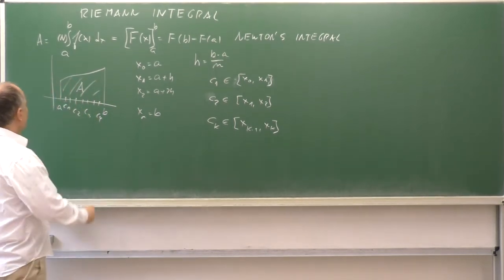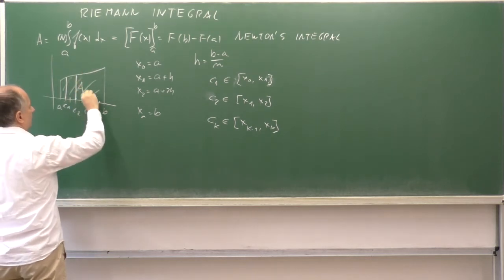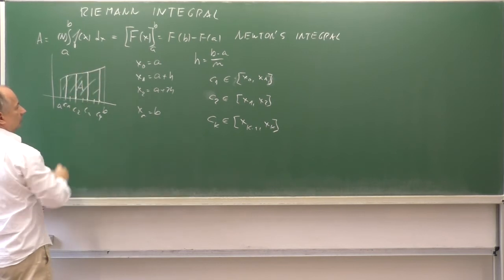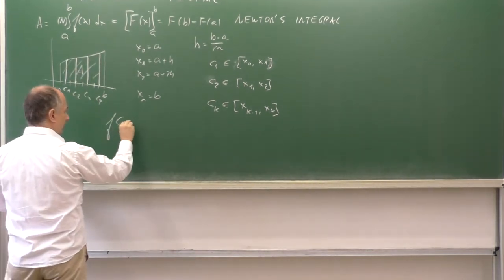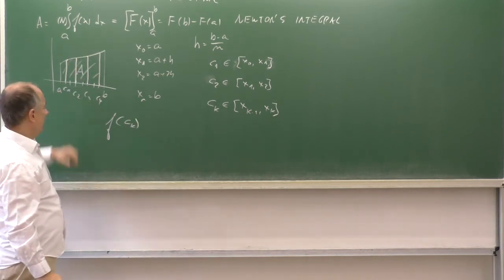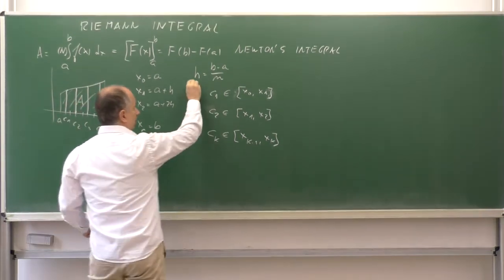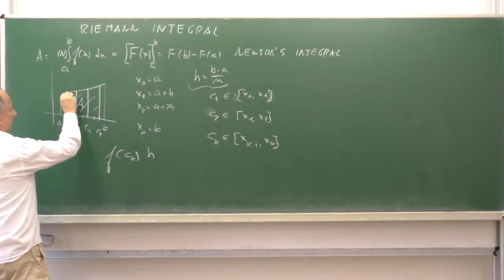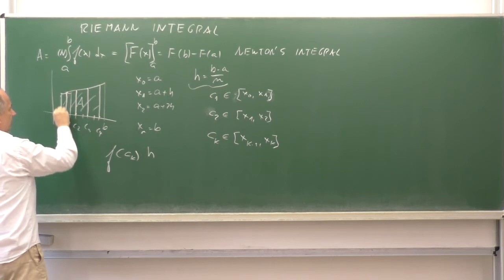And then we evaluate the function at c1, at c2, at c3, and at c4. That means in each c sub k, we evaluate the function, this is this height, and we multiply by the width of the interval. If we take this height and multiply by this width, this is this rectangle.